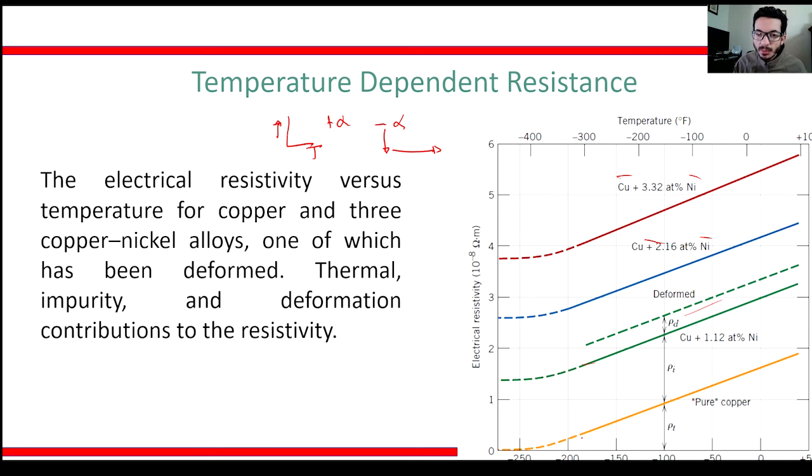For instance, pure copper, we said it was 1.6 times 10 to the negative 8 ohm meters, right? Because this is 100, so we're at 2 zeros. And basically what we're saying is that if you want more resistivity, you can increase it by mechanically deforming the material or by adding other materials such as nickel at different percentages to create a solid solution.